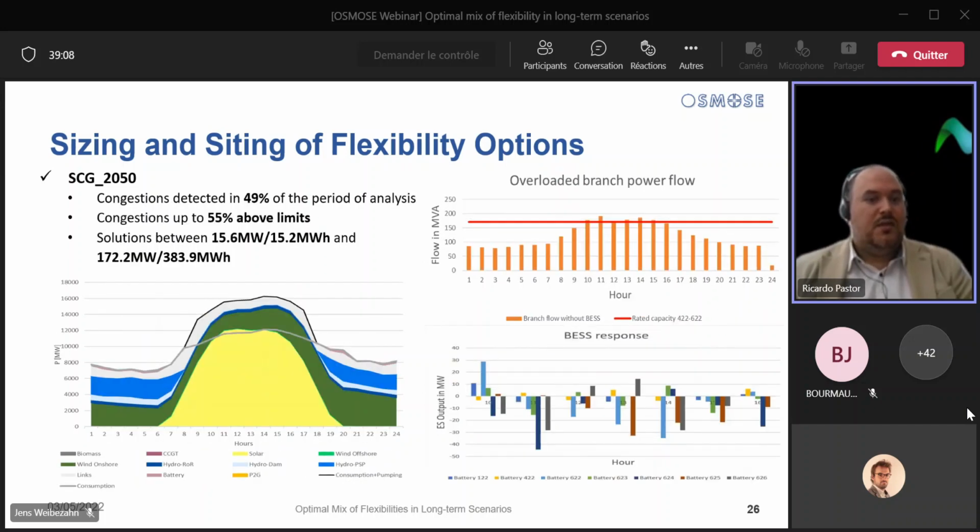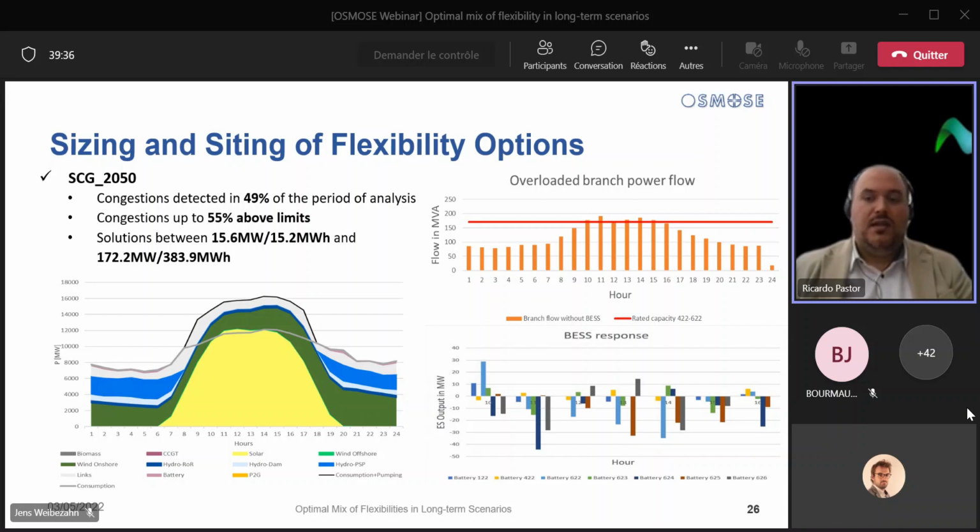So in terms of the results for scenario current goals for 2050, the same approach was done as in the previous one. But in this case, the congestion cases were detected in 49% of the period of analysis, and the power system showed a much higher renewables penetrations. And you can see there are some periods in which solar production is even higher than the national demand.